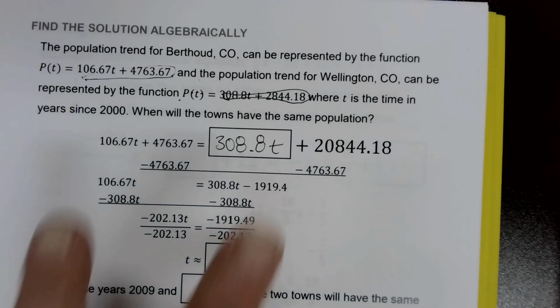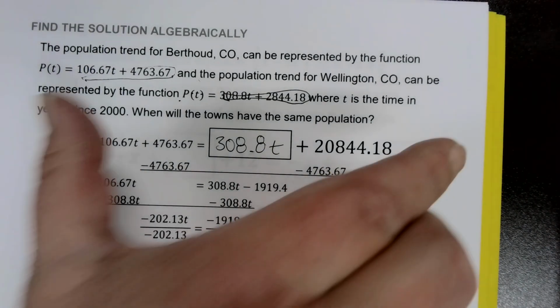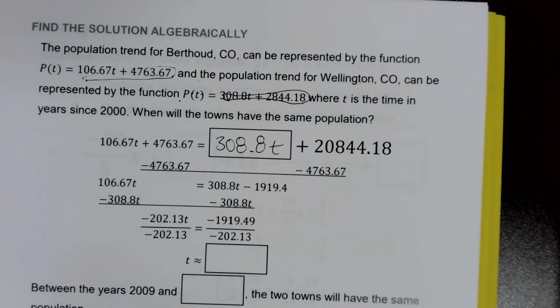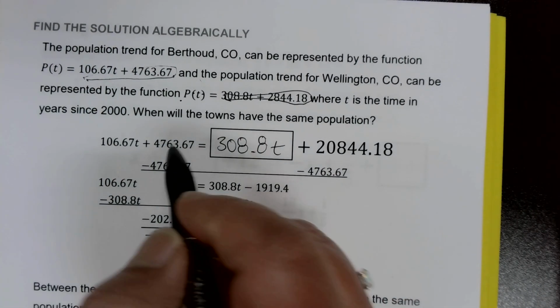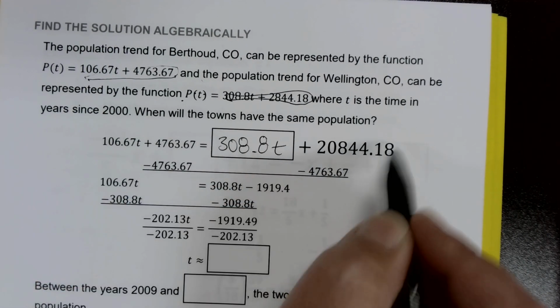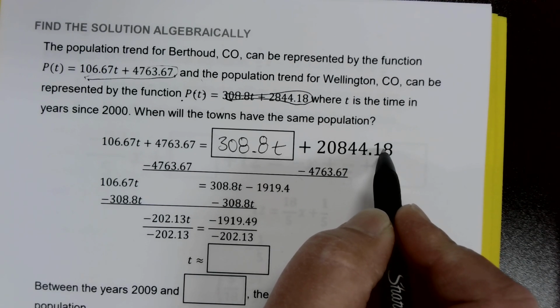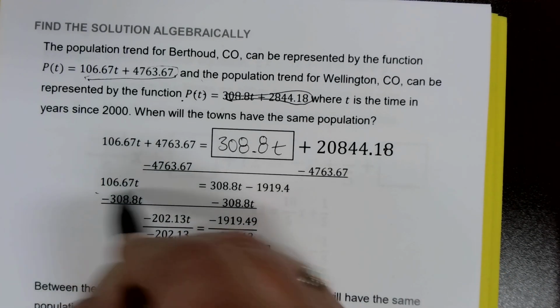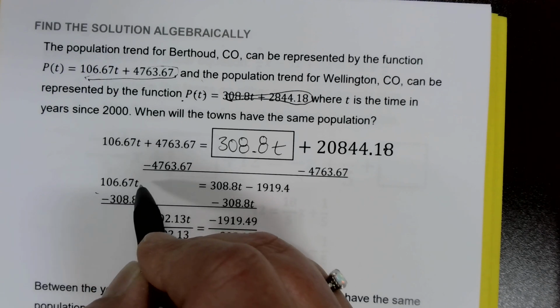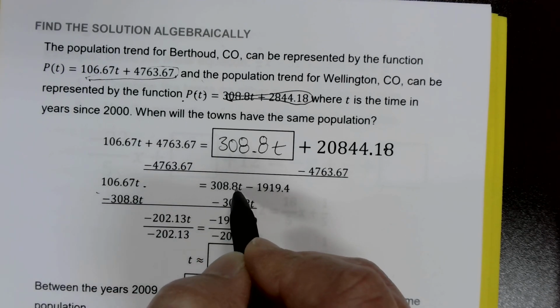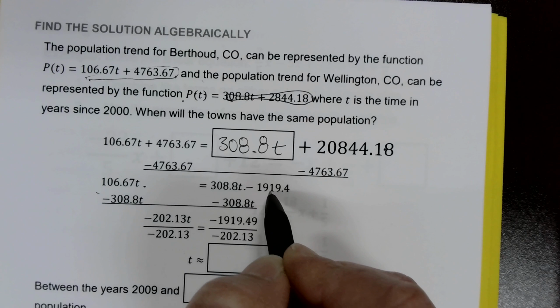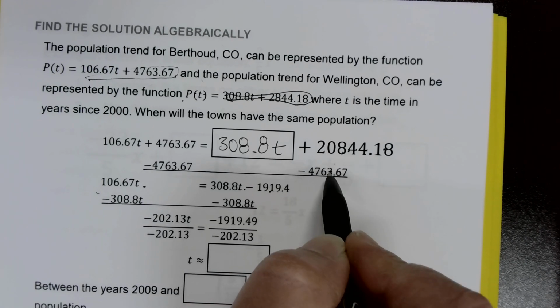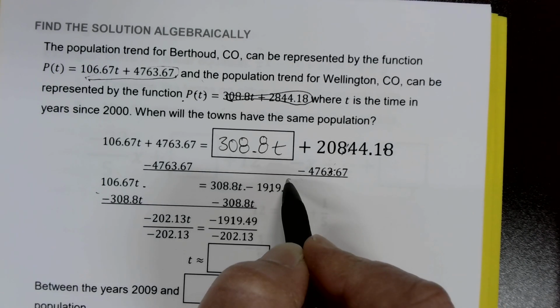All right, now that we know what we're doing on the writing part of the equation, we start solving it. So they're going to take all the constants to this side. Okay, and that leaves 106.67 T equal to 308.8 T minus the solution of these two numbers.